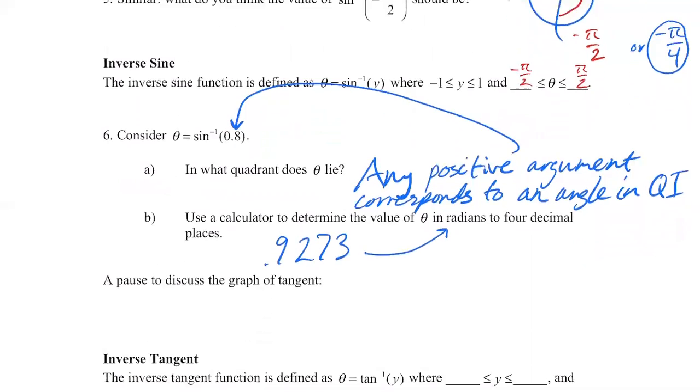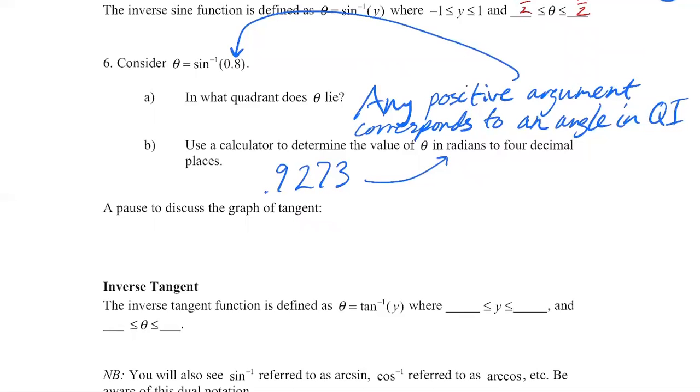Now, we're going to step out of unit circle world to think about the xy graph of tangent before we move into talking about its inverse. And here's the reason why. The tangent function was peculiar, we should say, because it had asymptotes.